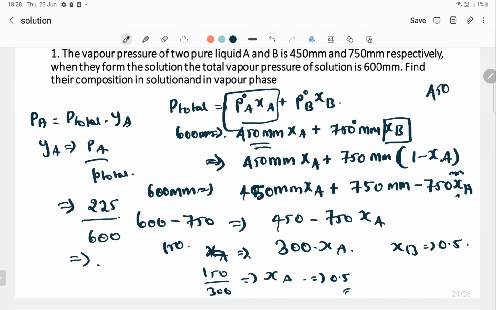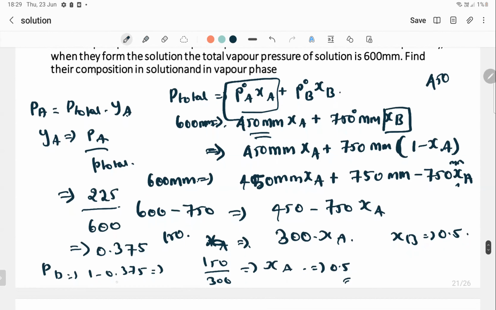So 225 divided by 600 is 0.375. So YB is equal to 1 minus 0.375, which is 0.625. 0.625 is your YB.